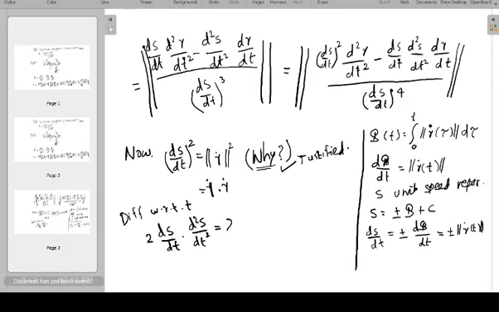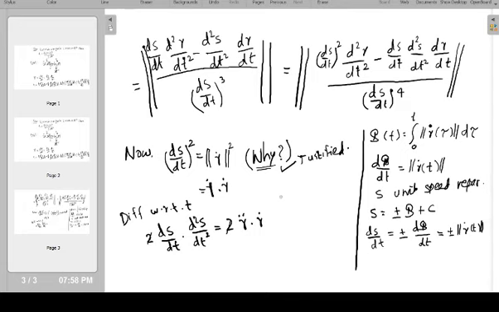So it is 2 times gamma double dot inner product with gamma dot, right? This 2 and 2 get cancelled. So ds by dt into d square s by dt square is gamma double dot inner product with gamma dot.